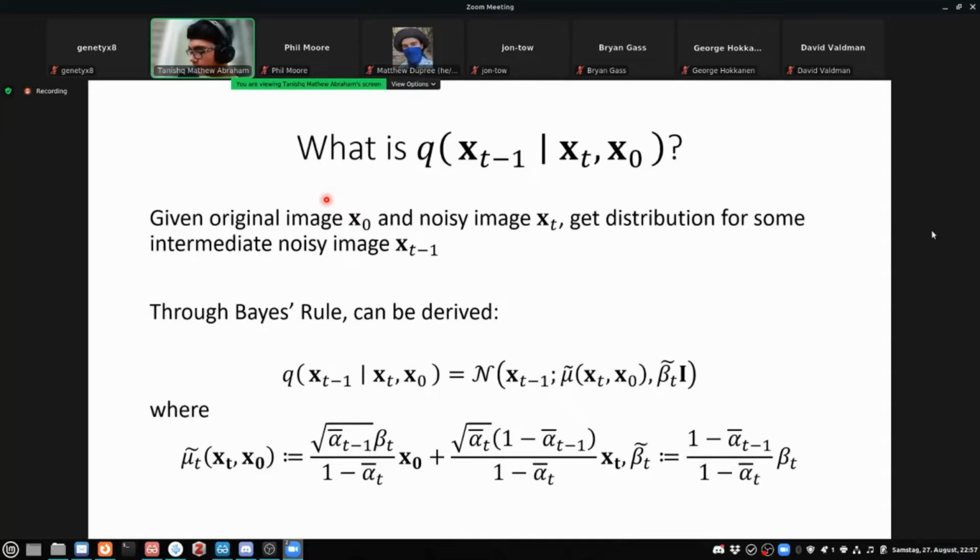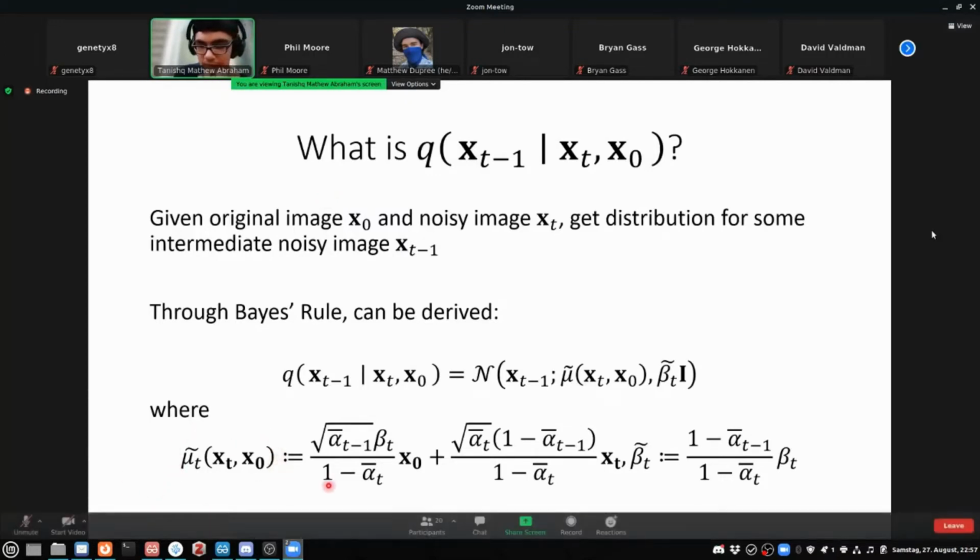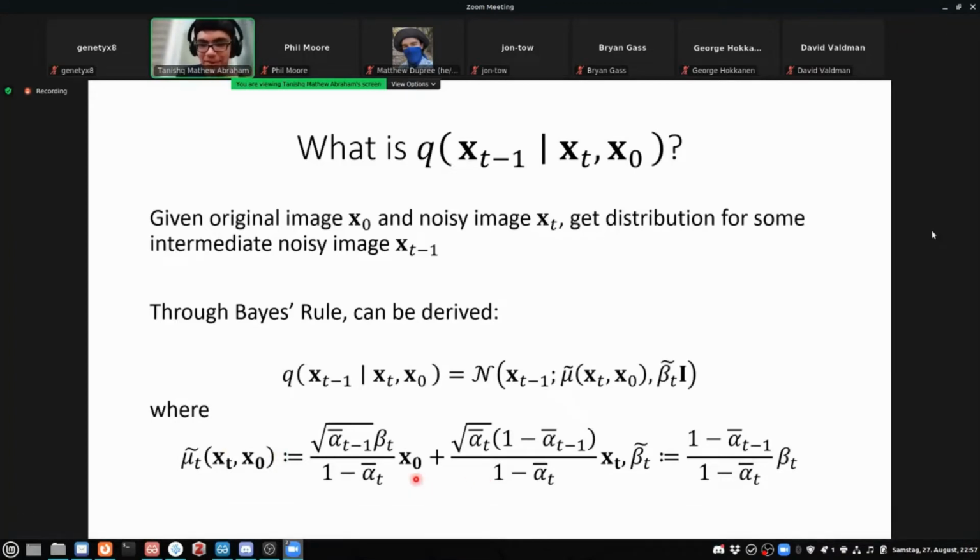I'm not sure. Let's go to the derivation and see if it clarifies it a little bit. That's a good question, because we use this mean term later on as well. As I walk through it, I'll try to see if I can get to that and answer it again.